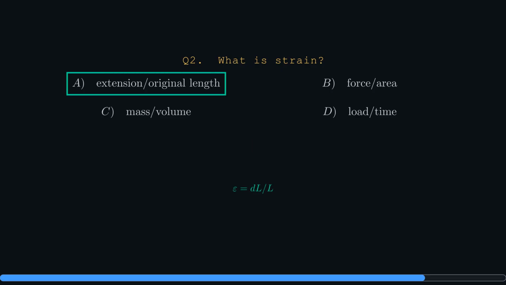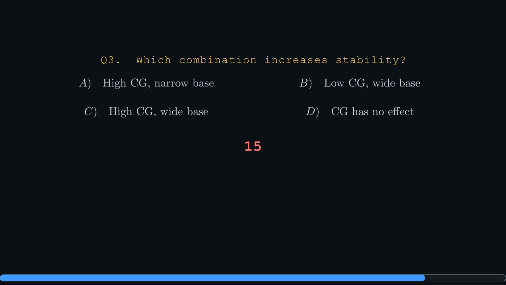The answer is A, extension over original length. Question 3. Which combination increases the stability of an object? The answer is B, a low center of gravity and a wide base.